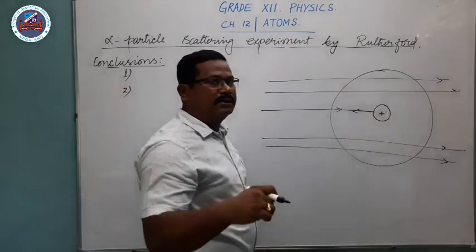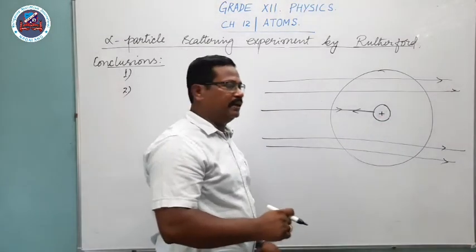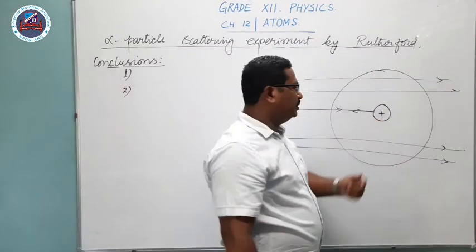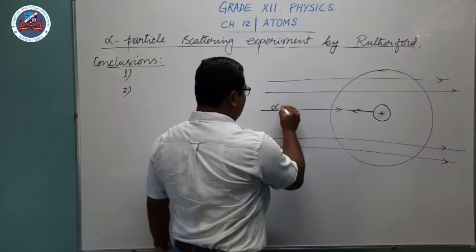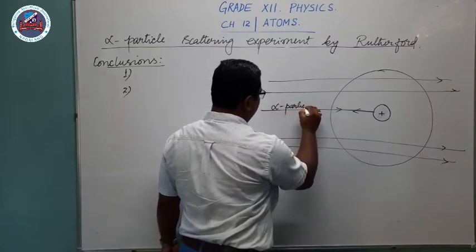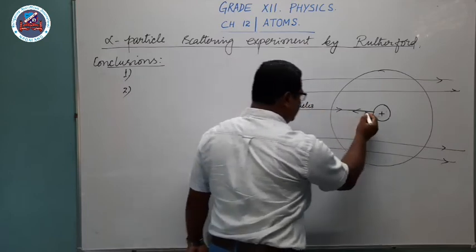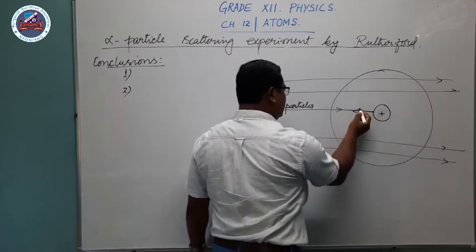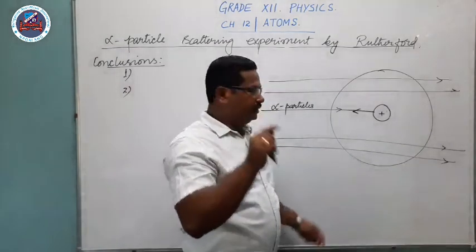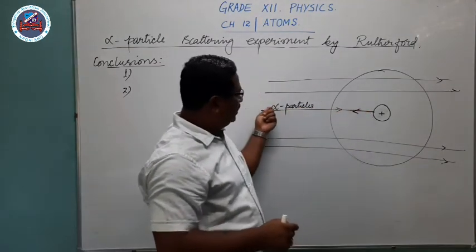The entire mass and the entire positive charge is concentrated at the center of the atom, because we know that alpha particles are heavy particles. But if they strike there, still they get repelled back.